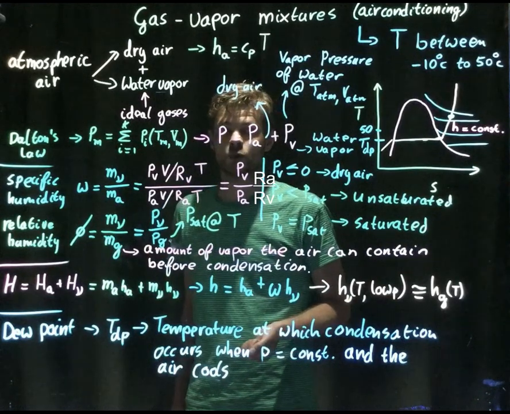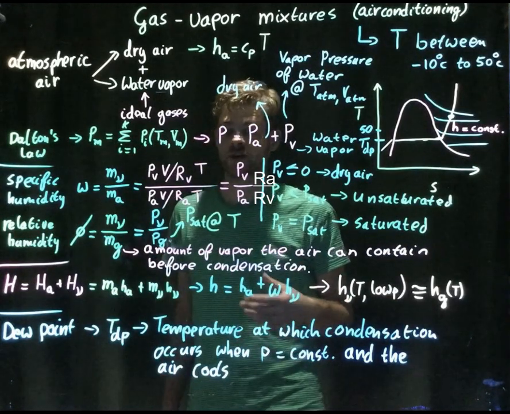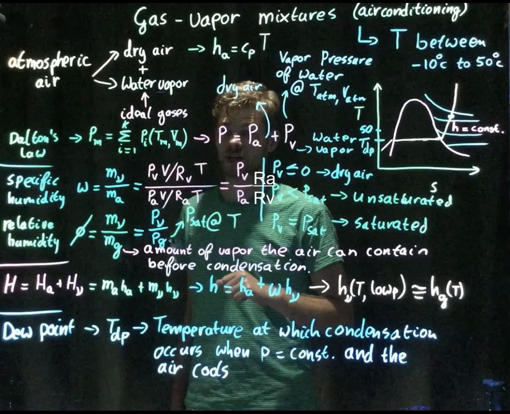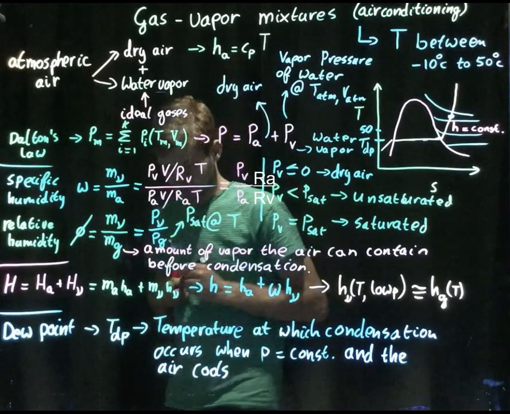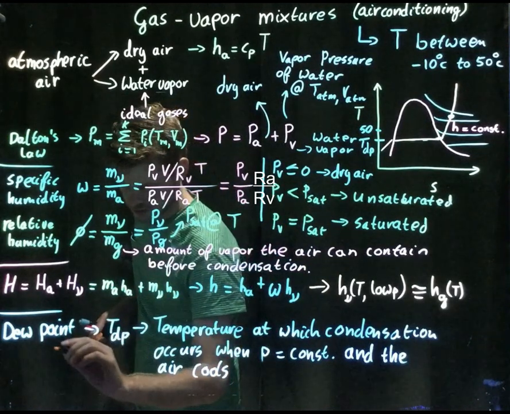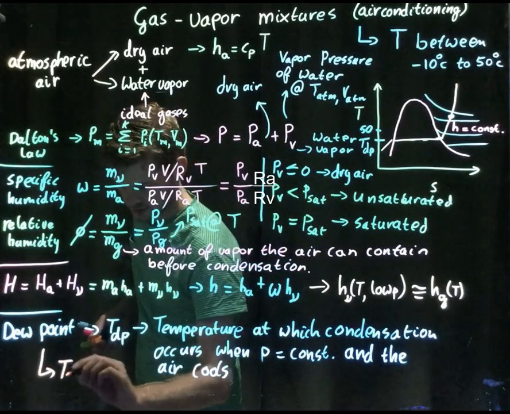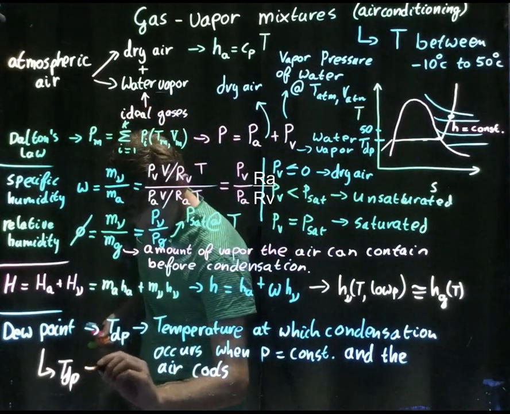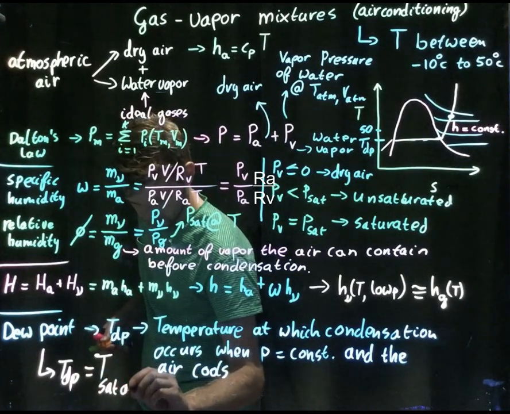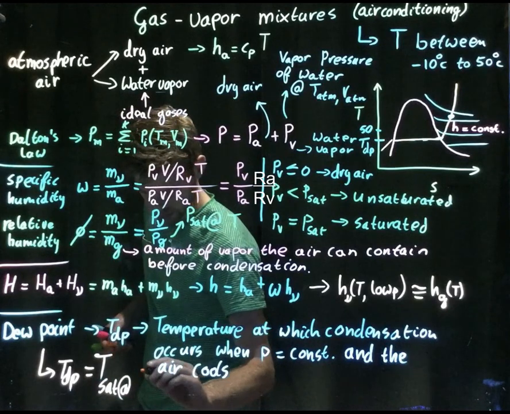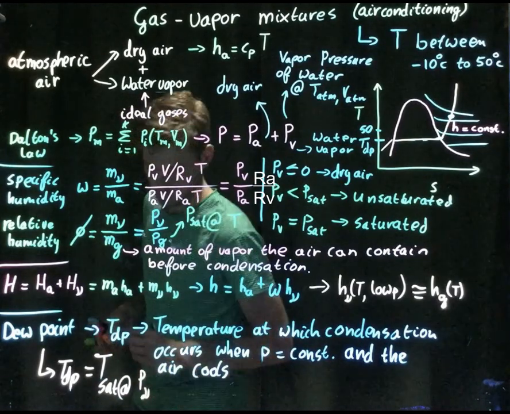So over here it's 25 degrees, so it would be very humid right now. So that's what the dew point says. And the dew point is the saturation temperature at a certain vapor pressure.